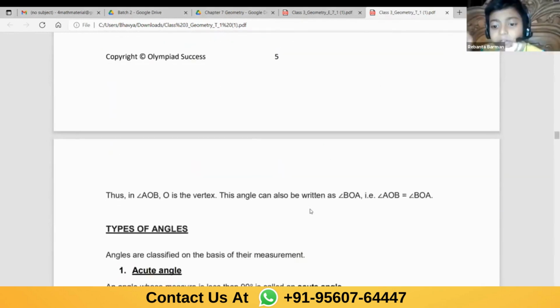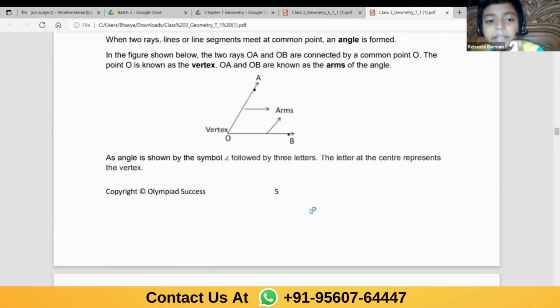Ma'am, why do we write AOB in that? Yes. Whenever we name an angle, we always make sure that the vertex, which is common between both the rays, should come in the center. Like if you see, this has A here, O is the vertex, and B here.